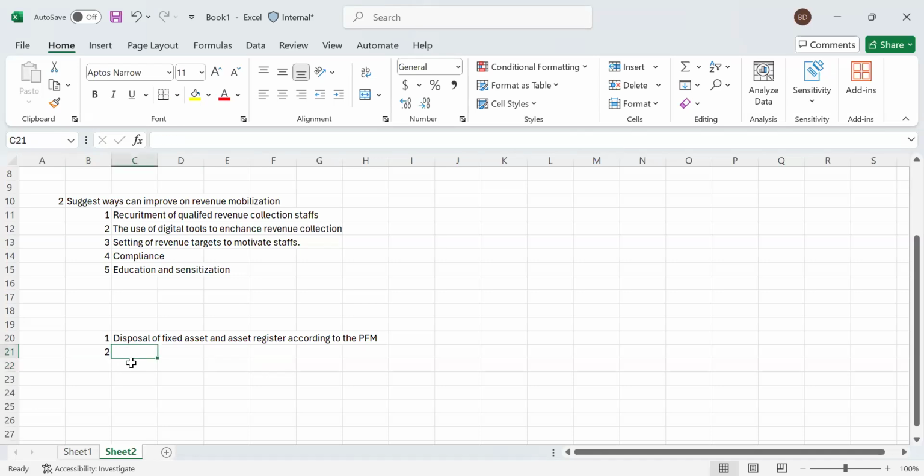Okay, next question. According to the accounting manual of the government of Ghana, the only inventory valuation method that is accepted by the Controller and Accountant General is the weighted average method. Is that correct?